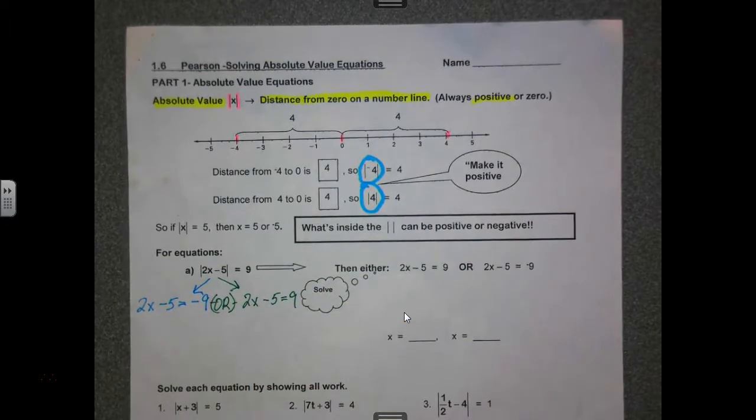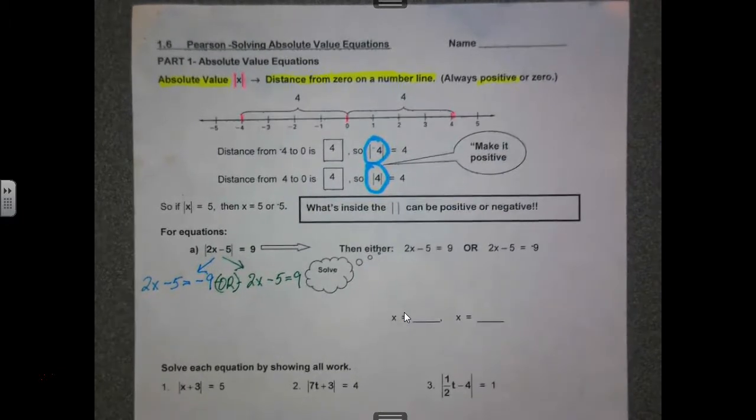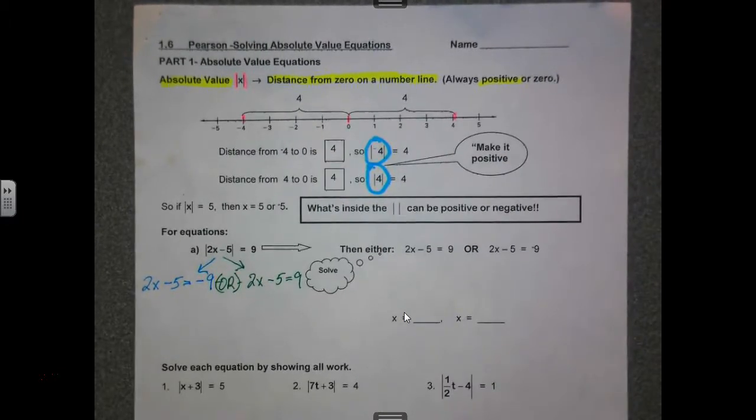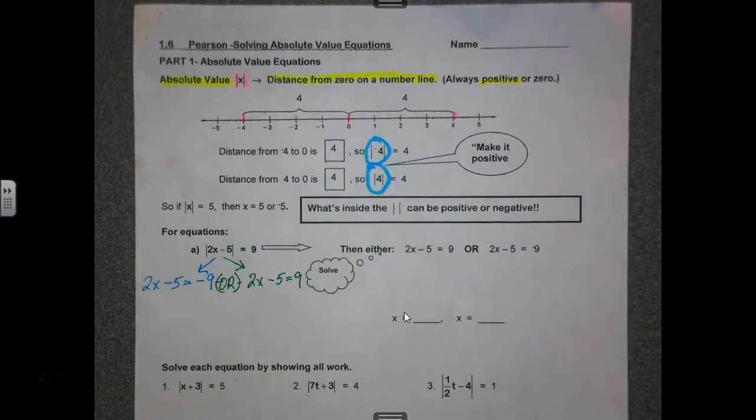And now I have my 2 cases or 2 problems to solve. Again, absolute values, you will always have 2 problems. Right? All right. I would highly suggest doing these problems separately. I know there's a couple of you that could probably do them together.